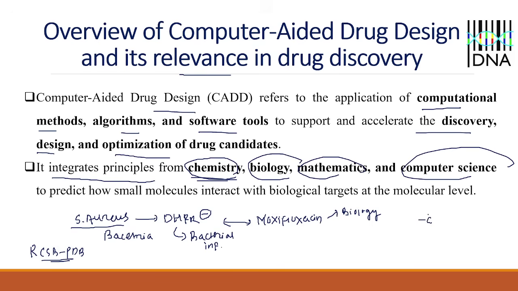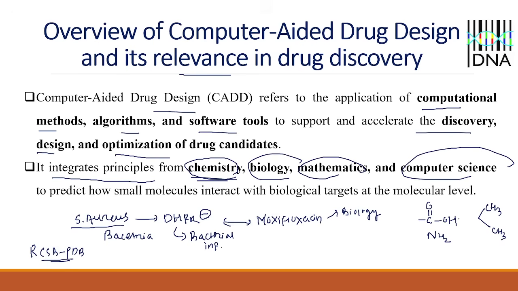The amino acids have a carboxylic acid and NH2 group. Amino acids are also called zwitter ions. Now, let's suppose this is one portion of the moxifloxacin. Let me draw it like this, and here I give CH3 and here I give CH3. Let's suppose this is one portion of the moxifloxacin.